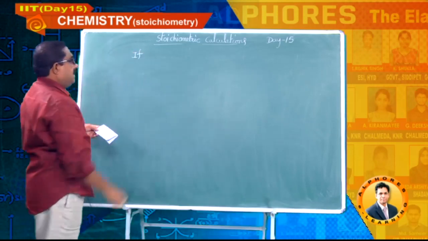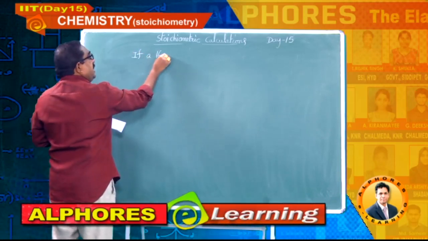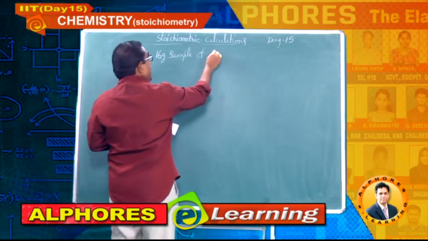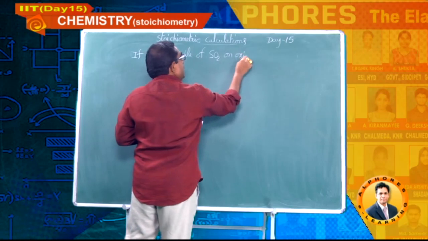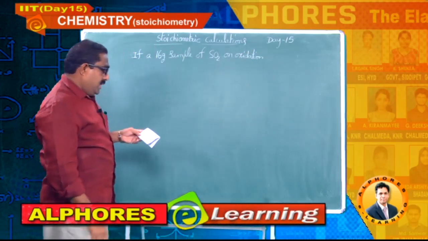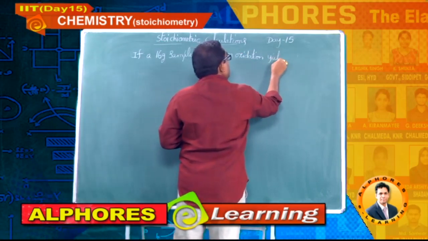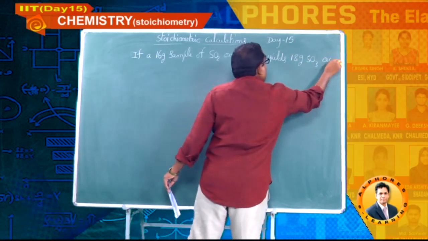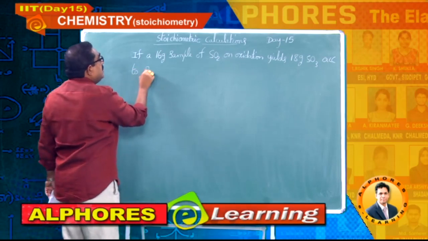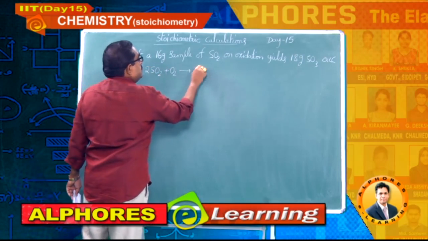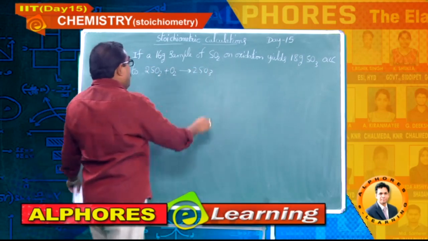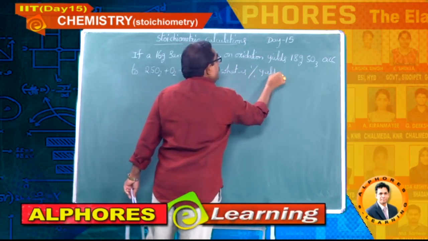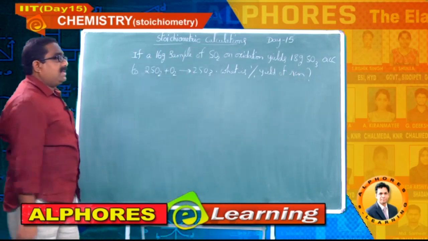If a 16 grams sample of sulfur dioxide on oxidation yields 18 grams of sulfur trioxide, according to the equation given, 2SO2 plus O2 gives rise to 2SO3, what is the percentage yield of the reaction?